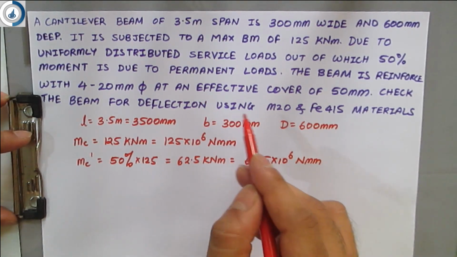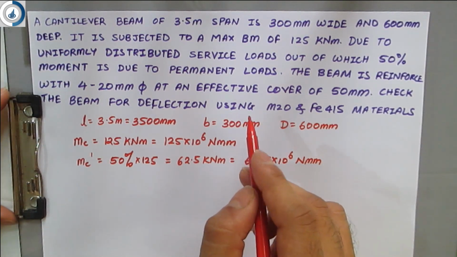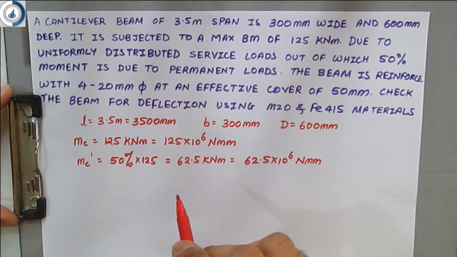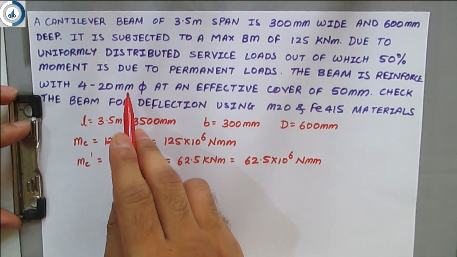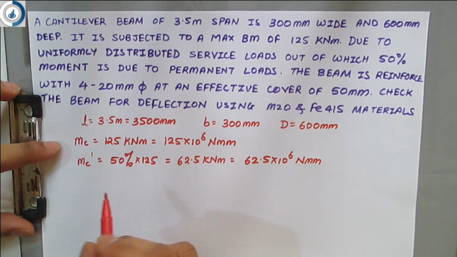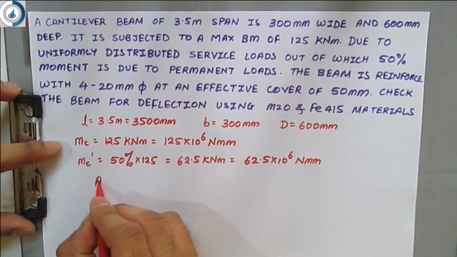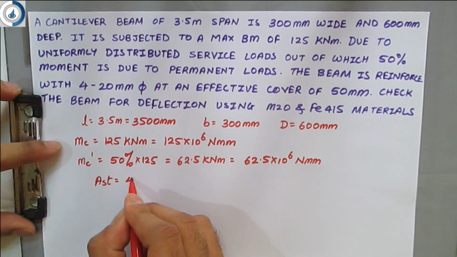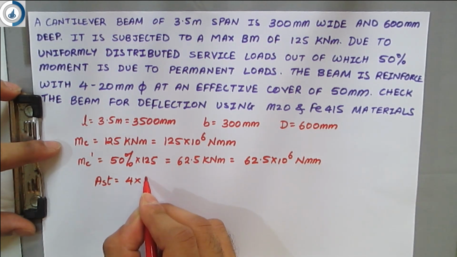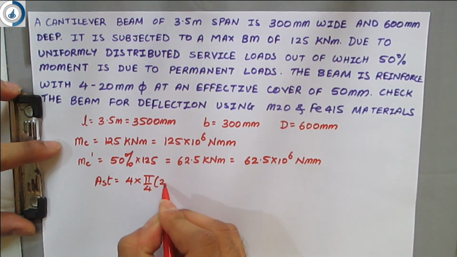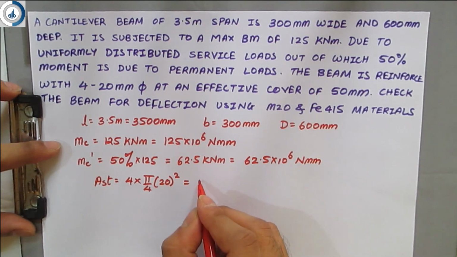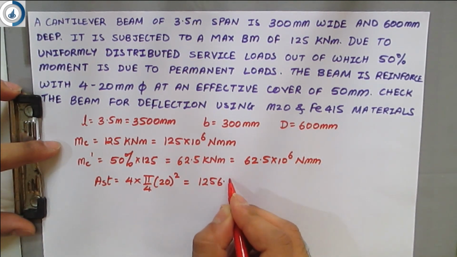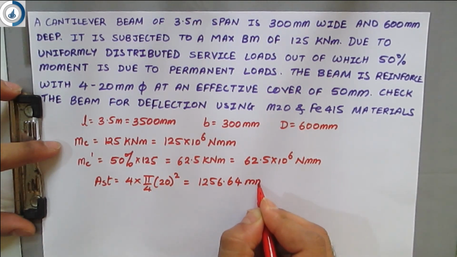When the load is given, I will solve one problem taking a slab in the coming videos. Then the beam is reinforced with 4 bars of 20 mm phi. From this you can find out the Ast. Ast is 4 into pi by 4 d square, that is 20 mm, so it comes out to be 1256.64 mm square.